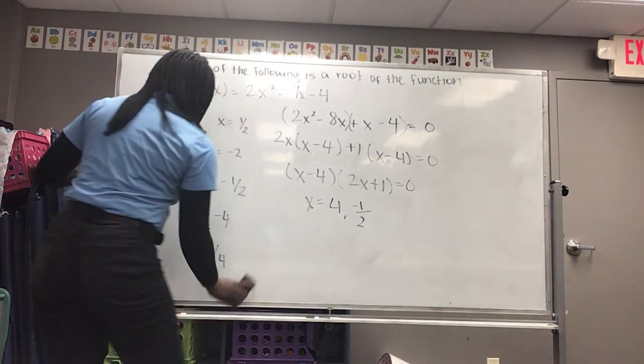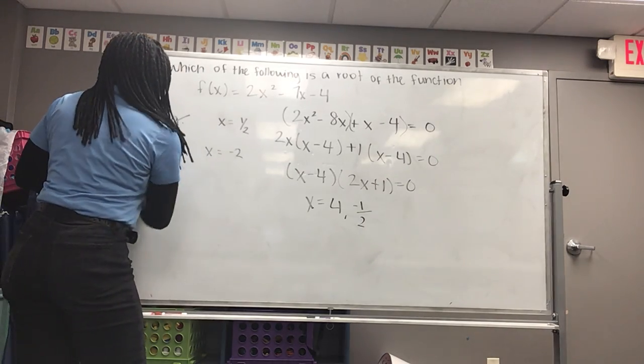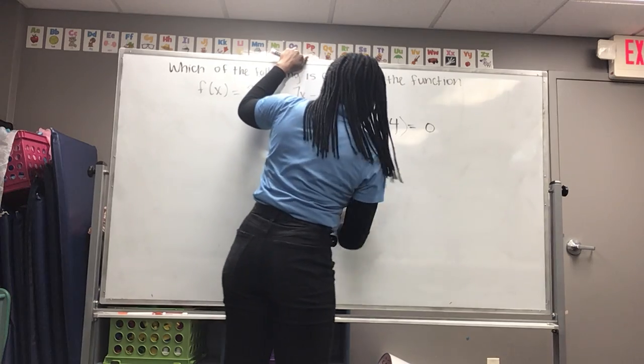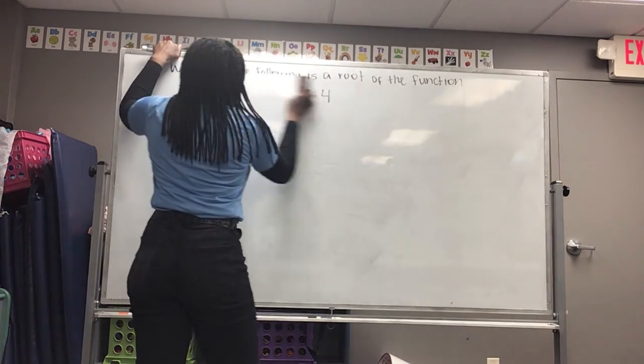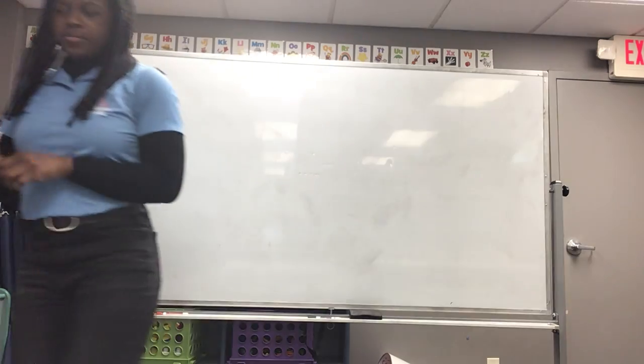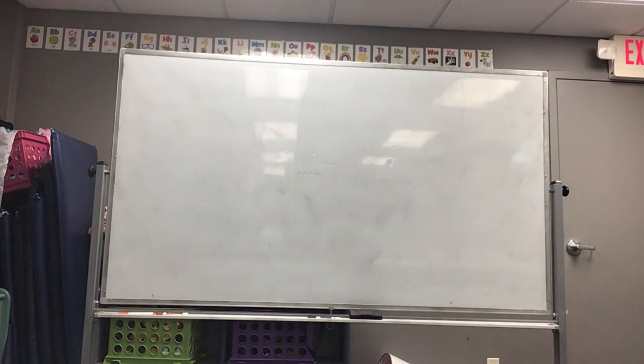So now we're going to move on from these, but sometimes we'll give you a quadratic equation that can't be factored, and so we use something called the quadratic formula to solve it.